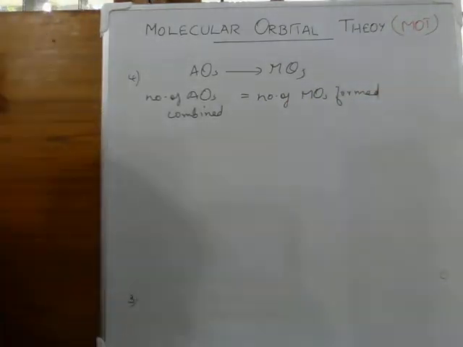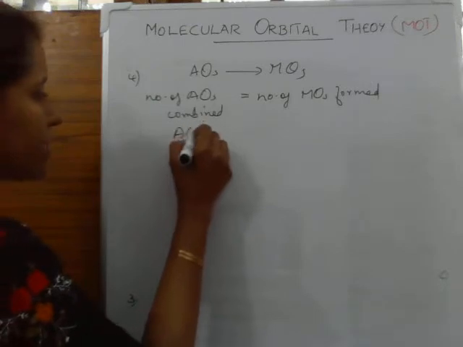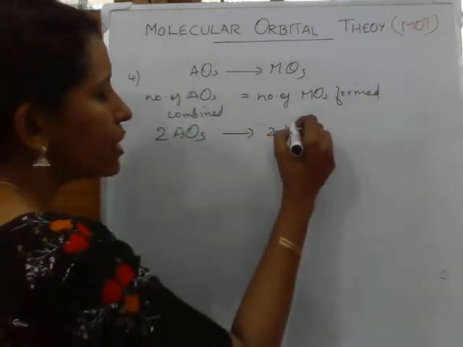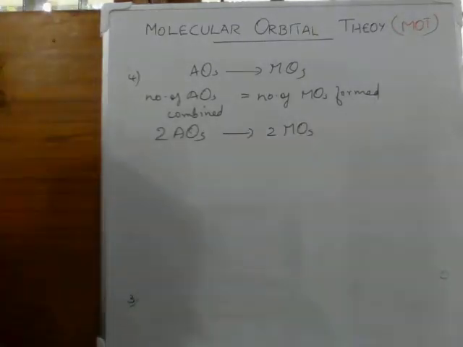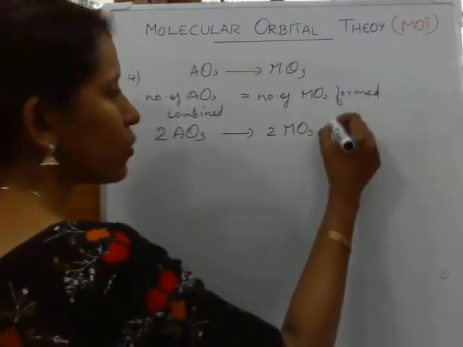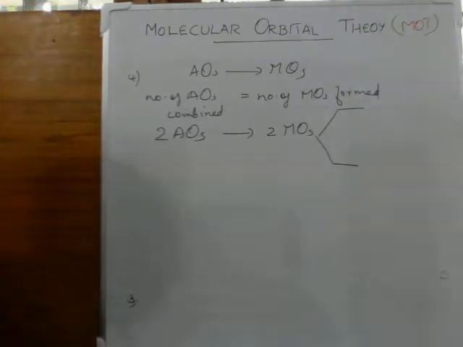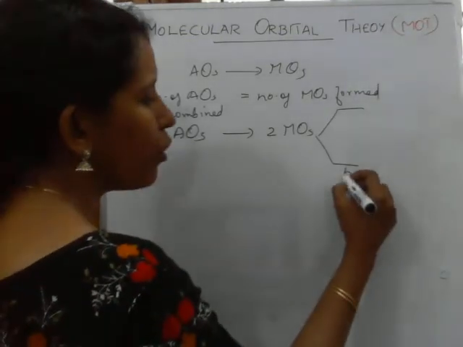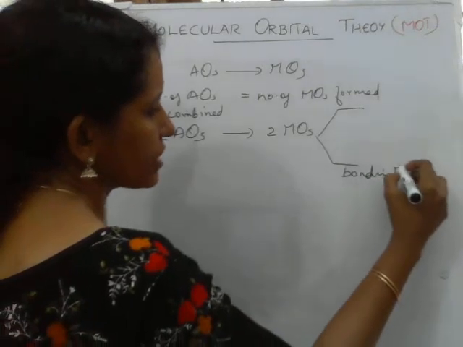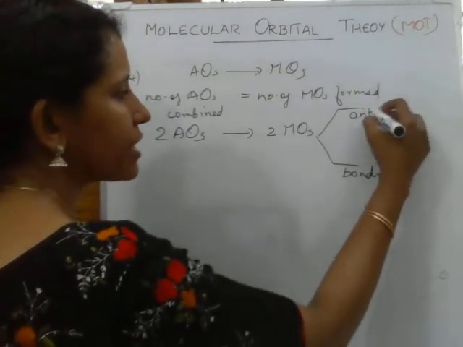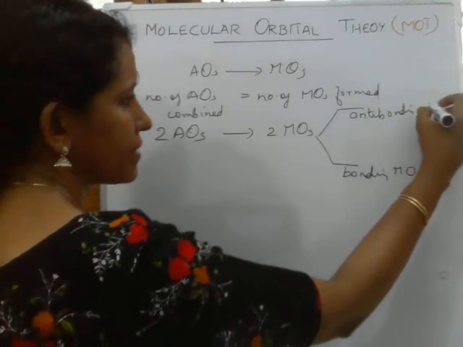For example, if two atomic orbitals combine, we get two molecular orbitals. And the two molecular orbitals are of two types. One is called the bonding molecular orbital. The other one is called the anti-bonding molecular orbital.